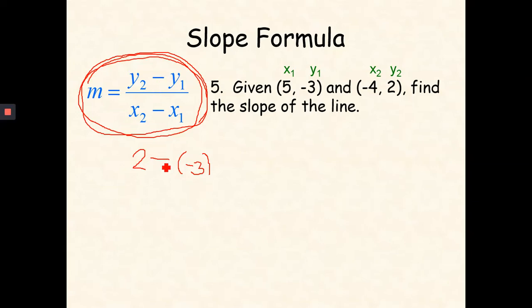2 minus your y sub 1 is negative 3, over your x sub 2 is negative 4, minus 5. Okay? Then after that, you have 2 negative times negative. So that will become positive 3.